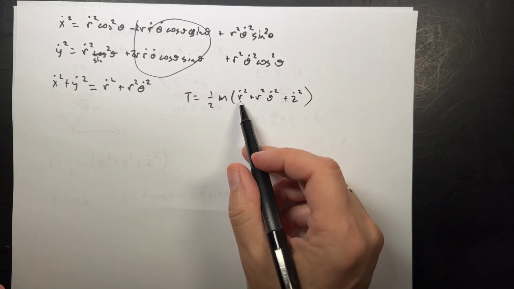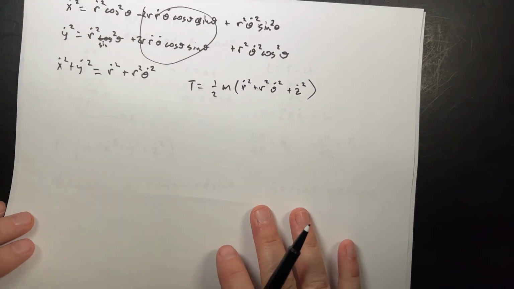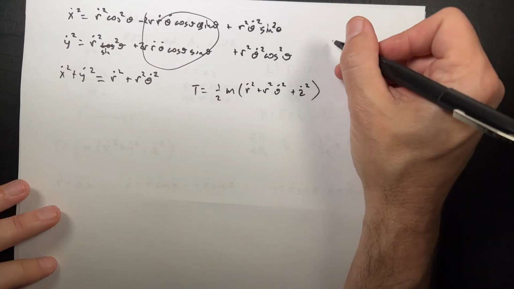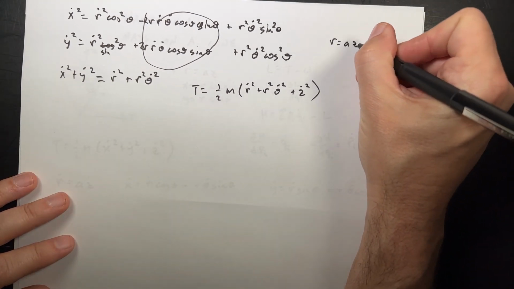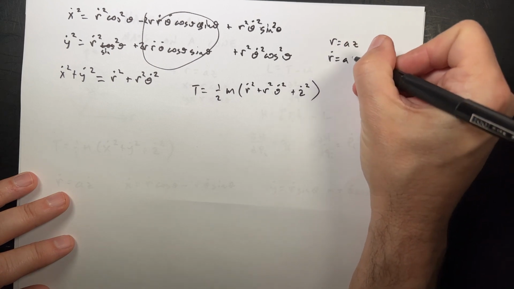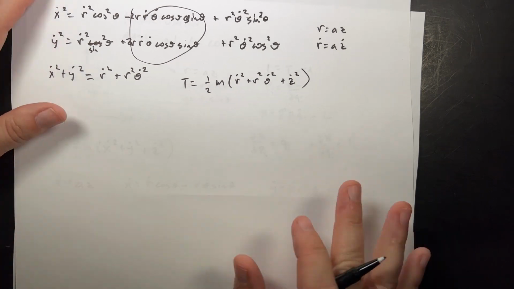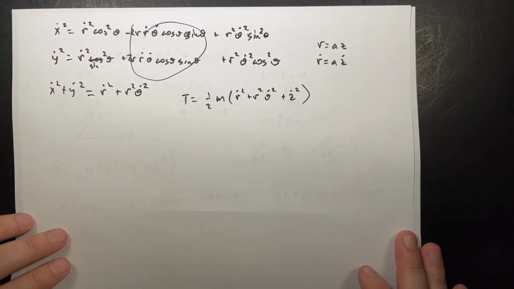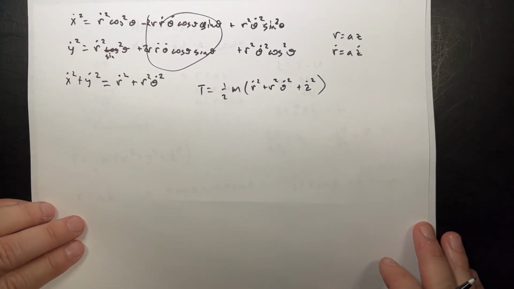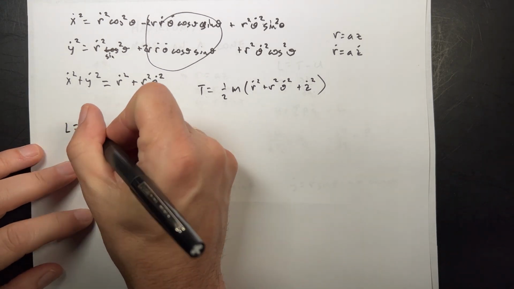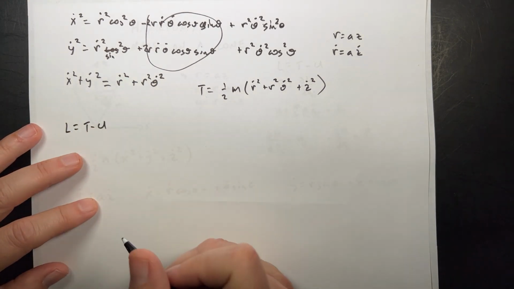Now I can get rid of the r and the r dot. Remember, r is a z, r dot is a z dot. So if I do that, let's go ahead and write down the whole Lagrangian. Why not, right? L is T minus U. U is just mgz.